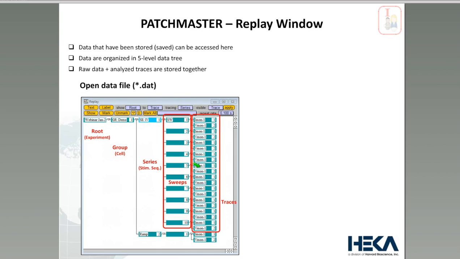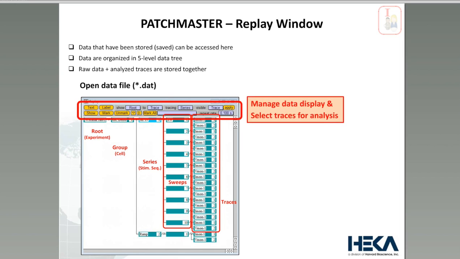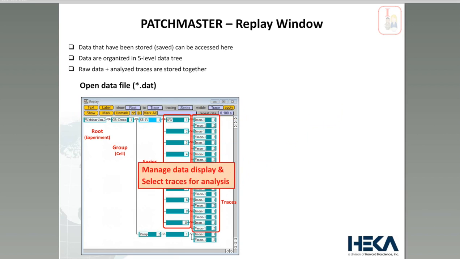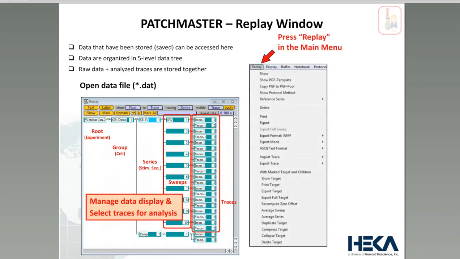You can have, for example, the current trace being recorded as well as the voltage stimulation trace in this case. Then the top buttons show the controls for managing and displaying and selecting data traces.